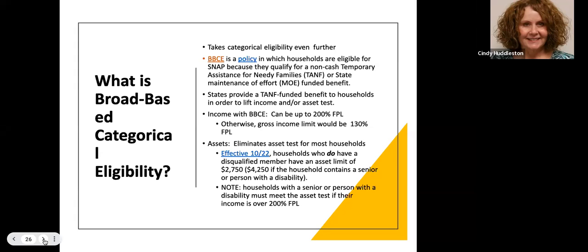This is often done through a notice about broad-based categorical eligibility, and it helps states simplify SNAP eligibility for everyone. States who choose to have broad-based categorical eligibility in their SNAP program have generally chosen 165%, 185%, or 200% of the federal poverty level as the gross income test, and have also waived the asset limit. Next slide, please.